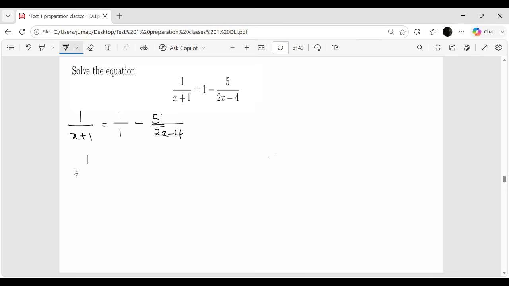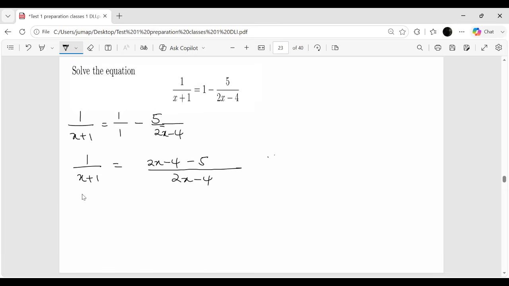I'm going to have 1 over x plus 1, this one is already simplified, is equals to, so here I have my common denominator, which is 2x minus 4. Then 1 into 2x minus 4 is 2x minus 4. Then 1 or 2x minus 5 into this is going to be 1. 1 times 5 is going to be minus 5.